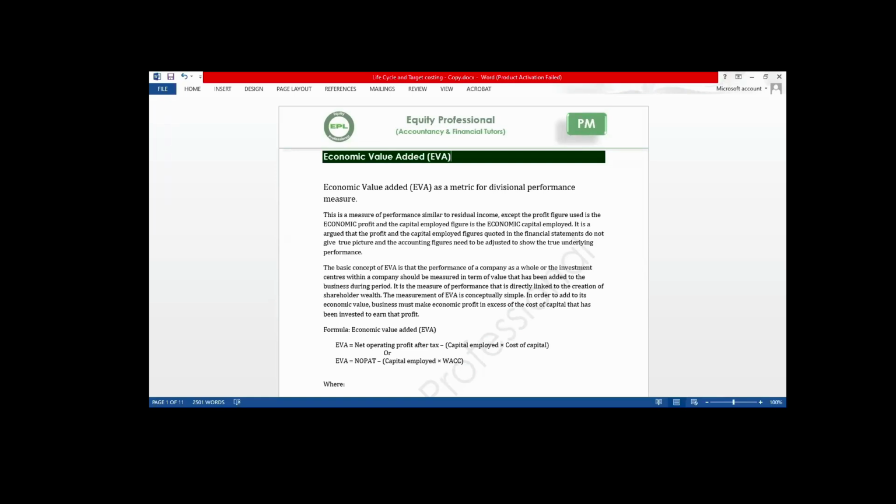According to economic value added, accounting profits does not represent the true value of a company. If you look at accounting profits, it does not tell us the value that has been created for the shareholders, because accounting profit is prepared based on assumptions and convention. What are these assumptions?